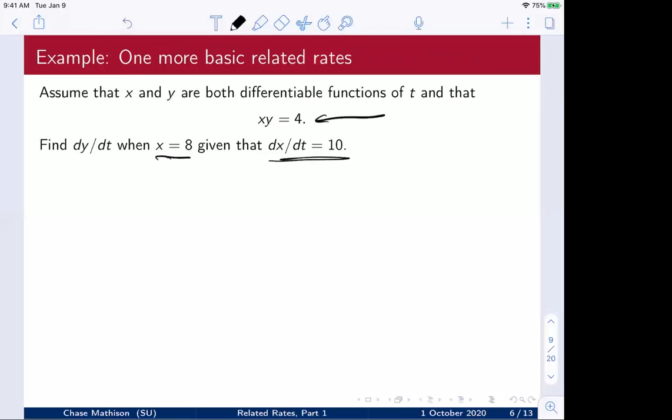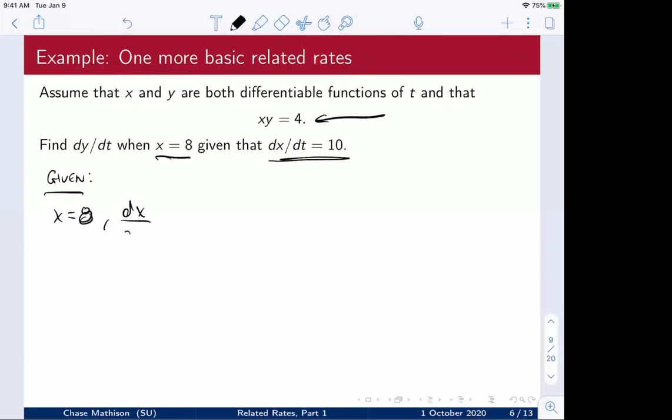So, what are we given? What information did I give to you? x equals 8. Yeah, we're interested in this thing when x equals 8. What else? Perfect.